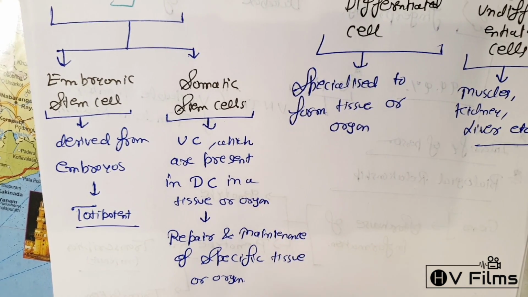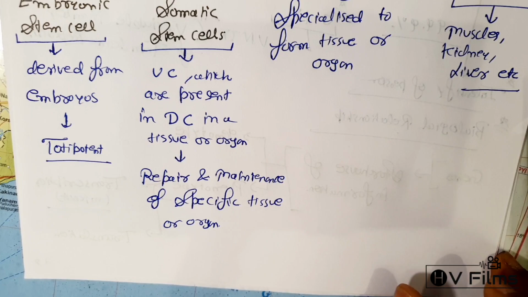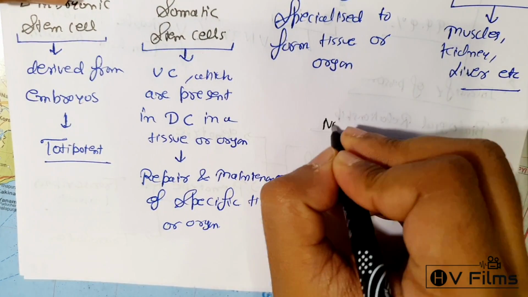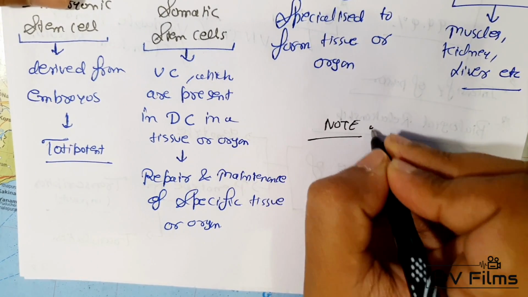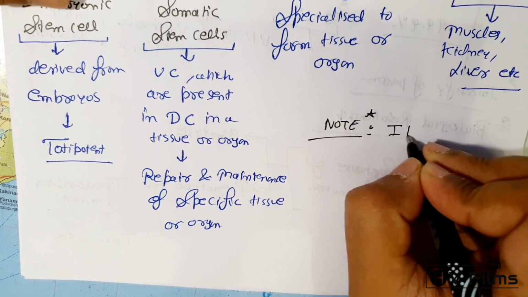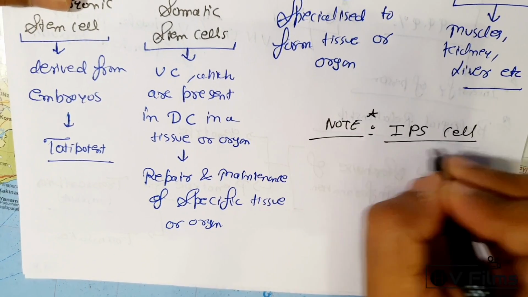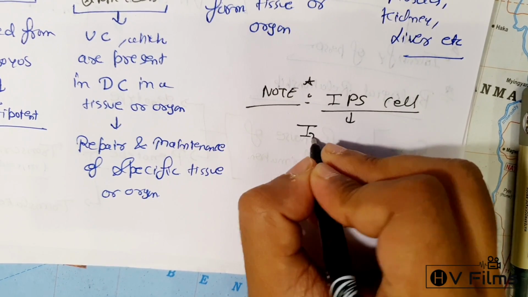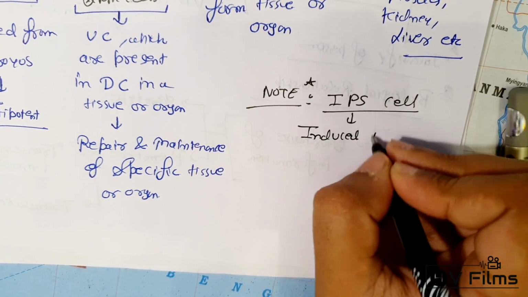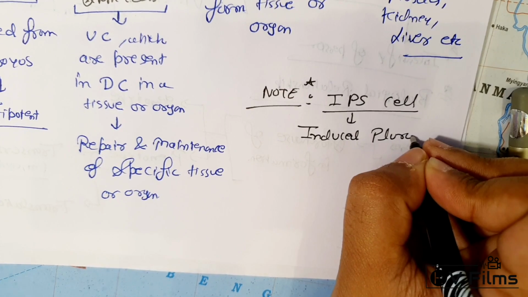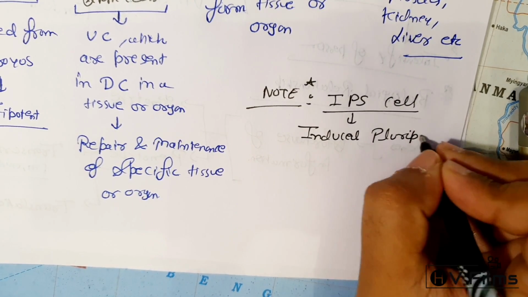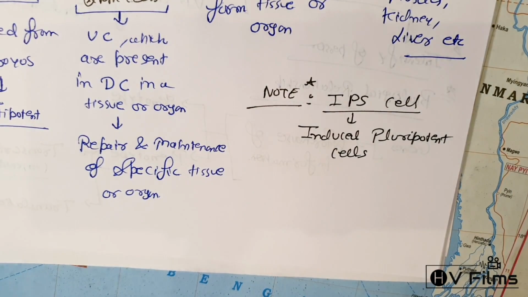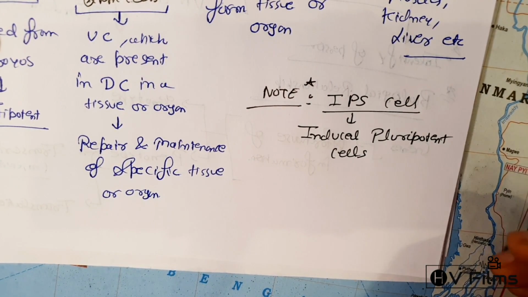There is one more category, which we call iPS cells. These are induced pluripotent stem cells. Because it was in the news, it would be better to discuss this at least briefly. These iPS cells are basically adult cells.